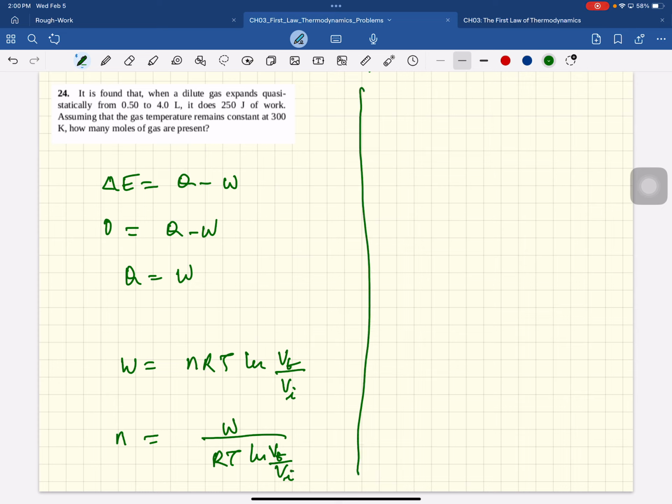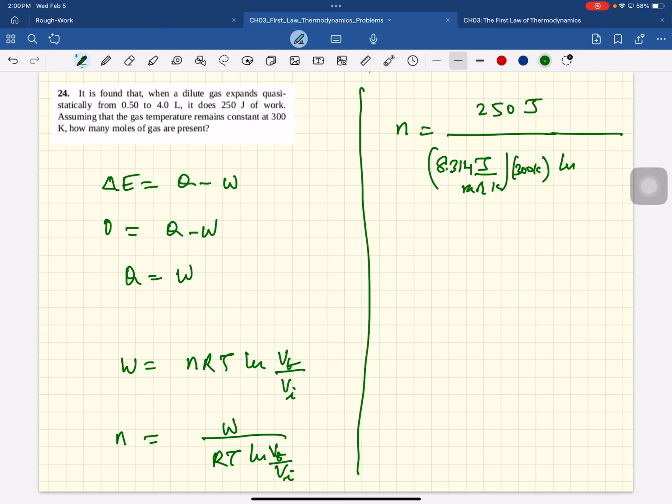The number of moles of gas is 250 joules, R is 8.314 joules per mole per Kelvin, temperature is 300 Kelvin, and log of 4 liters by 0.5 liters.